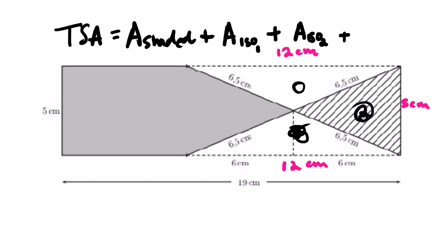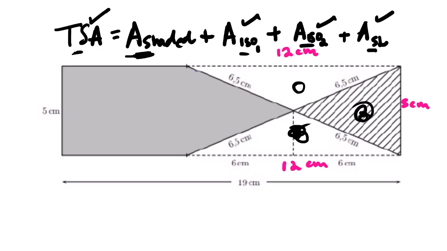Or you can simply use this one to calculate the area of the shaded line. So after calculating it, you will have this, and this, and then you minus the total surface area with the known areas to find the shaded.